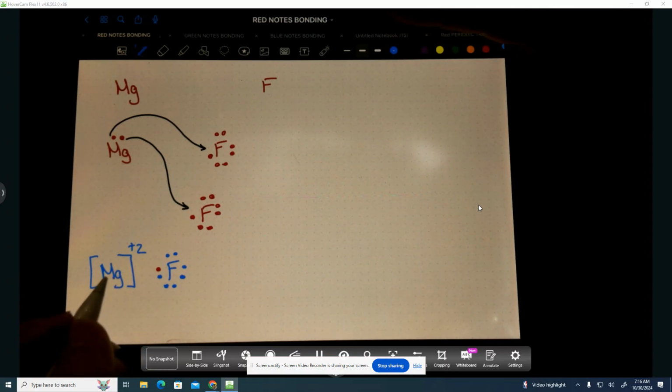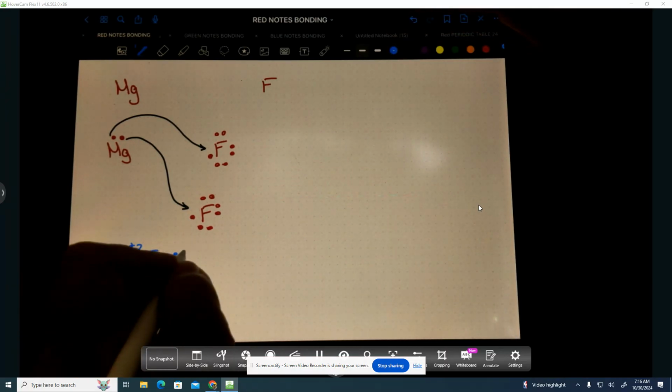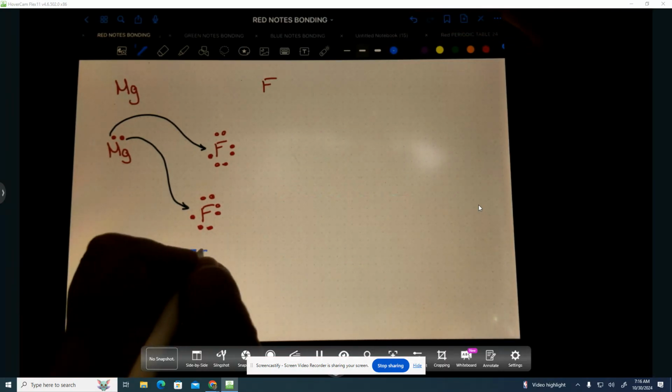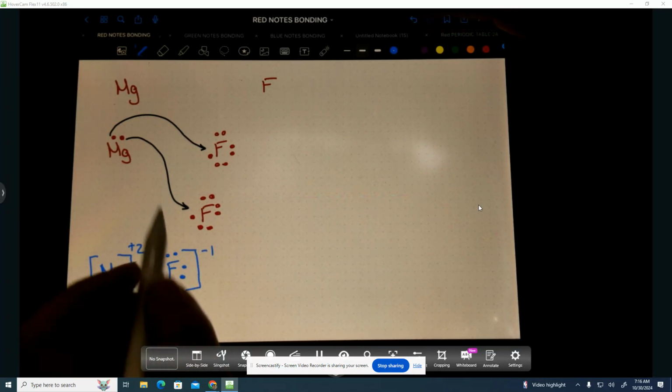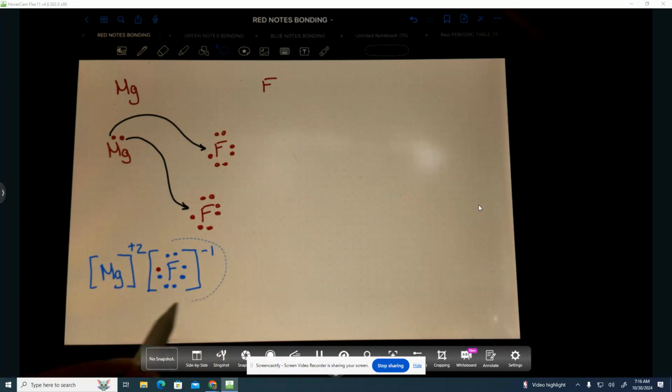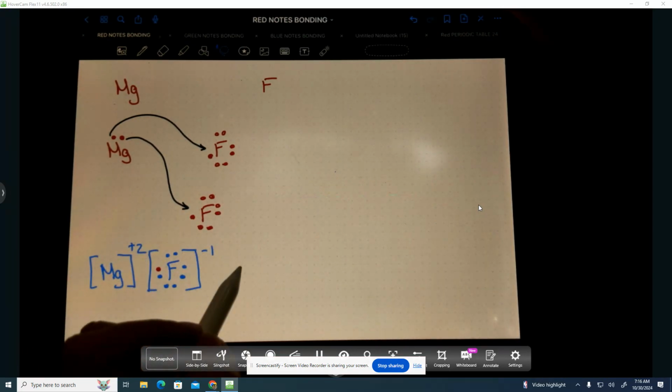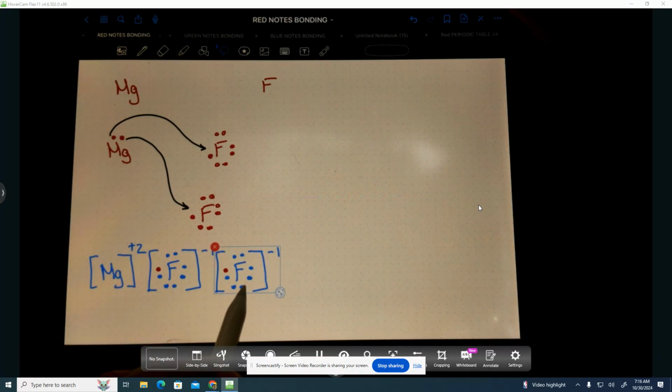So I did that in different colors so you can see it. That fluorine gained 1 electron and then it became a -1 ion. And then we need 2 of these fluorines. So because I'm on the magic of an iPad, I can just do that. You would have to actually write it.